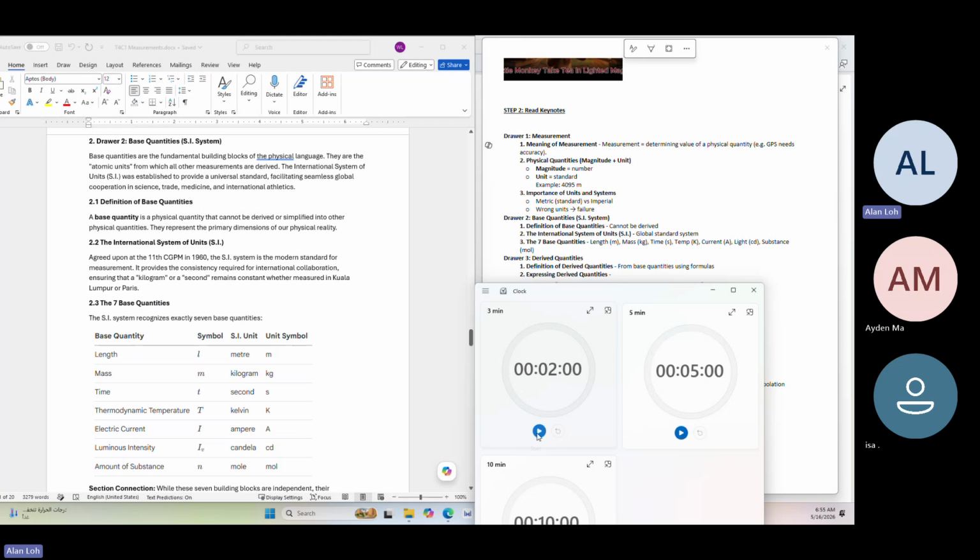Let's do 2 minutes for the entire drawer. I'm going to scroll down a bit as we progress. It's base quantity, right? You are the base drummer.